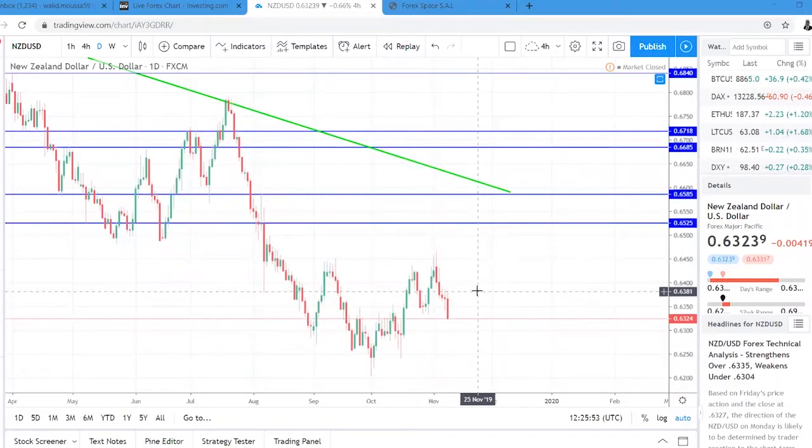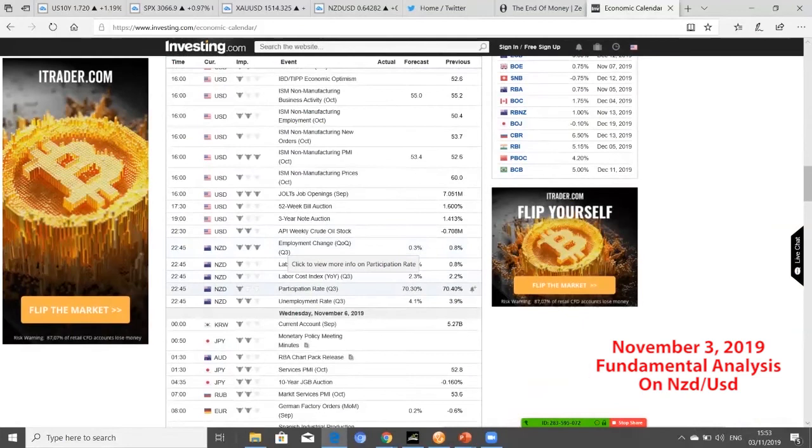And now let's jump to last week's trade idea, which is the NZD USD. The thing is, the market is somehow uncertain about the next move in New Zealand interest rate. So they need more information to get a clearer picture whether the RBNZ will cut interest rate or not on the 13th of November.